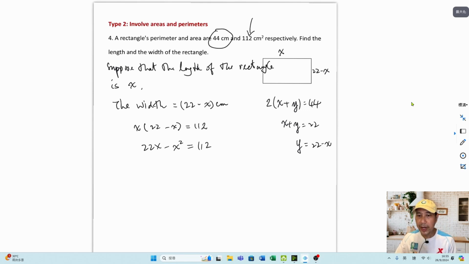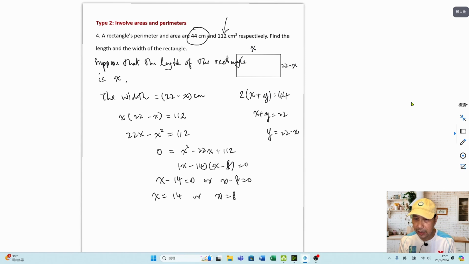I think we better move the left hand side to the right hand side to make the coefficients of s positive. And the roots by the calculator, I have two answers right now, 14 and 8. I don't know whether both of them are the correct answer or either one of them is the answer.